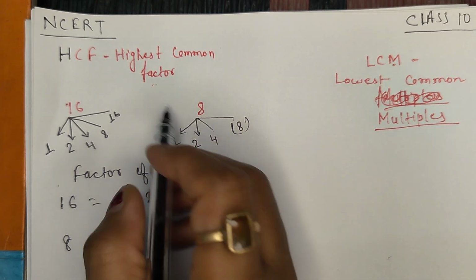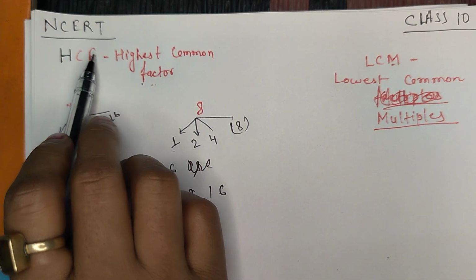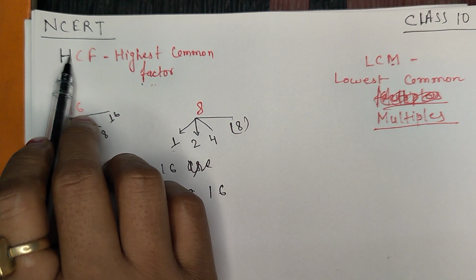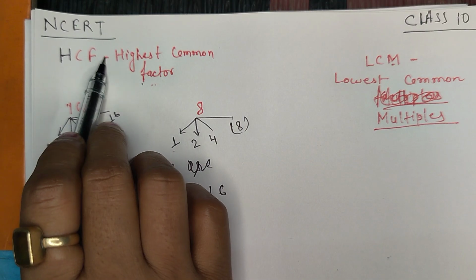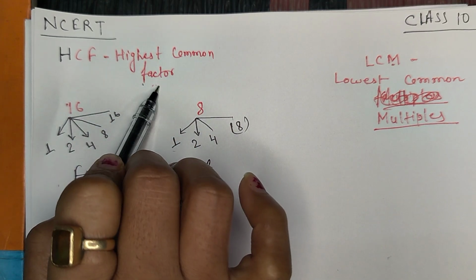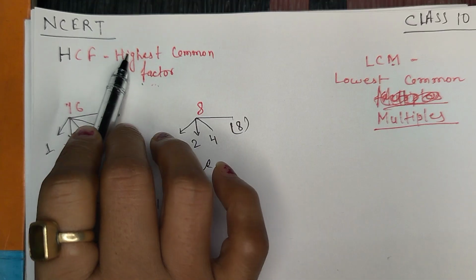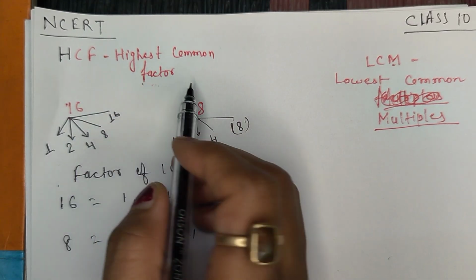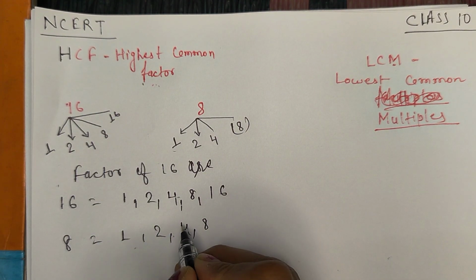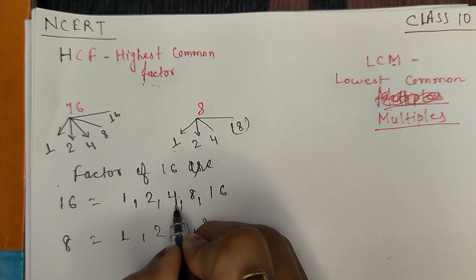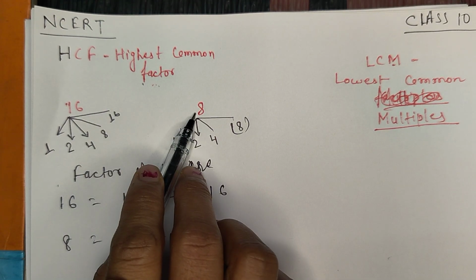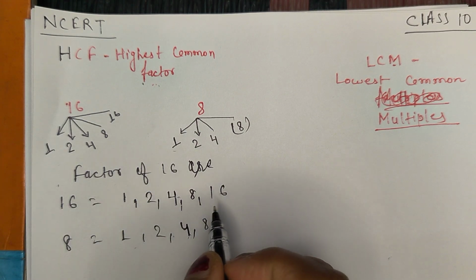Okay, this is HCF, highest common factor. Three words: highest, common, factor. I found the factors of these numbers, 16 and 8.